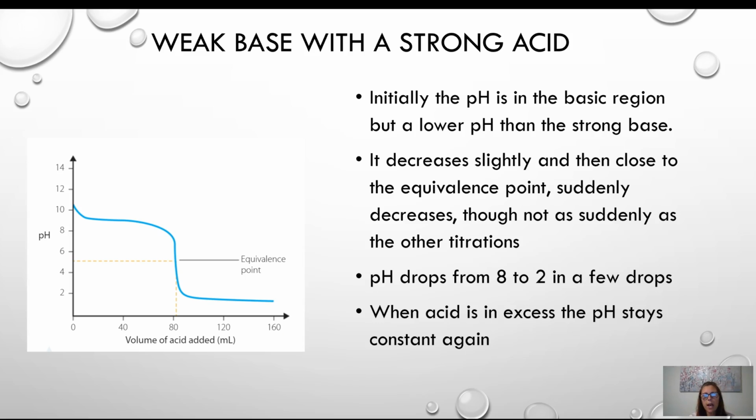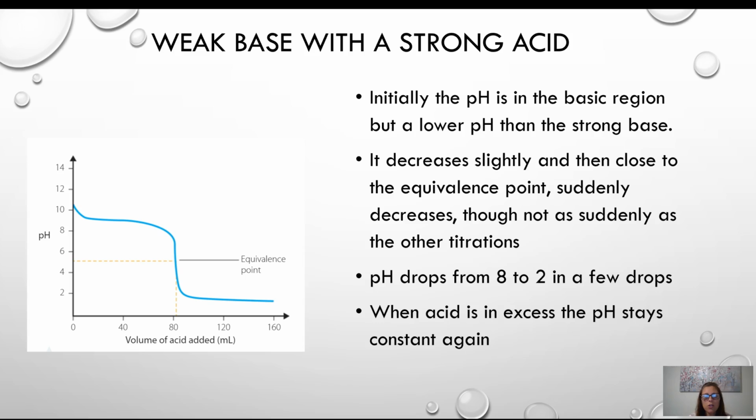So let's look at another one, and now we have a weak base with a strong acid. You can see already that our weak base is at a lower pH because it's a weak base and it doesn't fully dissociate. So we're starting off at about that 10 or 11 mark, and so the pH is sitting in that basic region. As I'm adding some strong acid to it, it is again decreasing slowly, as the base initially is still in excess, but once I reach that point, we get a sudden drop, and all of a sudden our hydrogen ions are in excess.